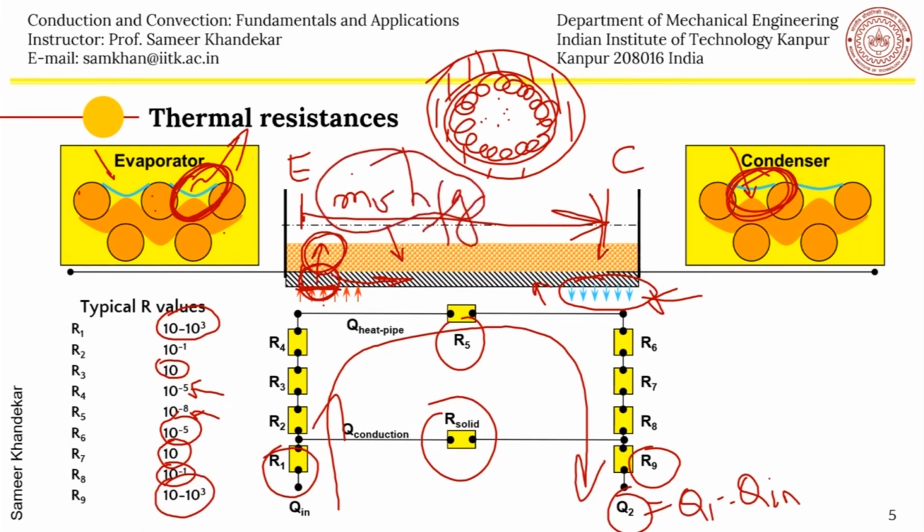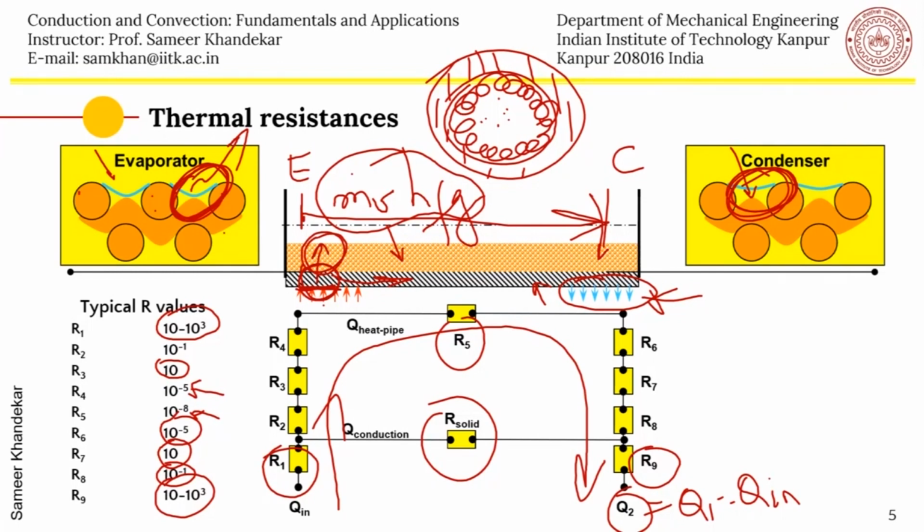Please note that the resistance in the wick is quite high, and in fact the internal resistances of evaporation and movement of the vapor, which is R5. So R4, R5, R6 are pretty small, and the one which dominates is of course R3 for the heat pipe, and then R1 and R9 for the external connection of the heat pipe to the external world.